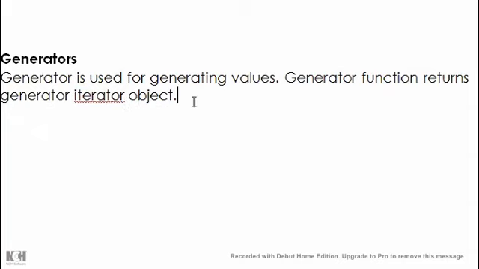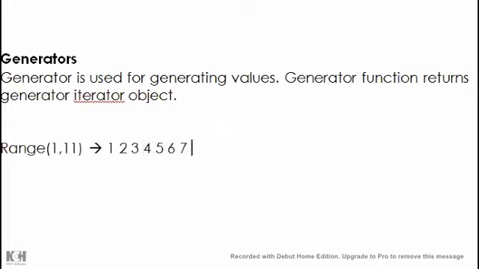For example, you can generate values by using range. Using range, I can generate values in increment order as well as decrement order. If I say range 1 comma 11, this will generate the values from 1 to 10.